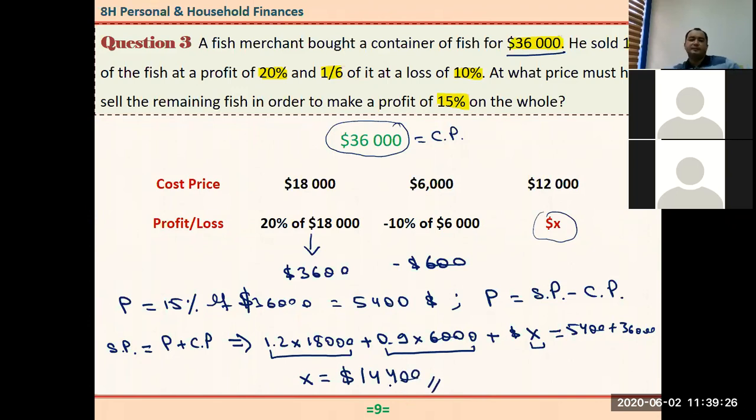Okay, so that means that if you are expecting to make a profit of 15% on the whole, and if you have already sold this part and this part, then the remaining fish, which cost $12,000, we have to sell for $14,400. At that time, our profit will be 15% on the whole.